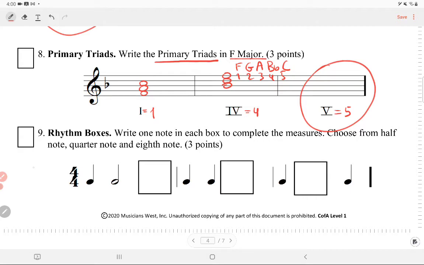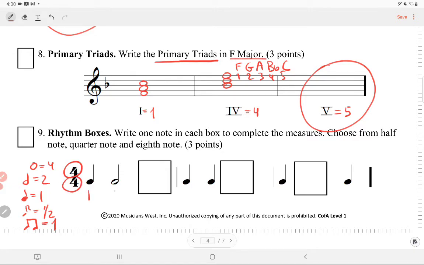Just a reminder that the whole note equals 4 beats. The half note equals 2 beats. The quarter note equals 1 beat. The 8th note is equal to half of a beat. But when you join two of them together like this, they equal half plus half, which is a quarter note beat. So that equals 1. Let's look at this one. You need 4 quarter-note beats. How many do you already have?